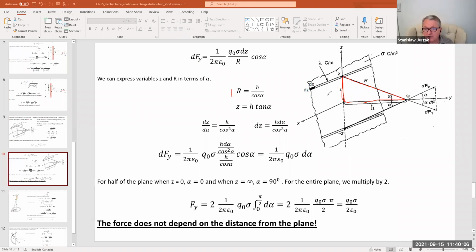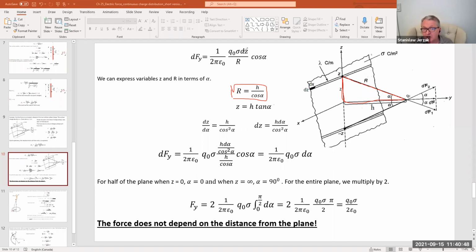So look, cosine alpha is adjacent, sorry, adjacent H divided by hypotenuse capital R. So cosine alpha is H divided by R, or capital R is H divided by cosine alpha, because I would like to express all variables in terms of alpha, which will be the most convenient way to integrate. So I express R in terms of alpha using this expression. Then Z, which is opposite to alpha, divided by H, which is adjacent to alpha, is the tangent function, which means that Z would be H tangent alpha.